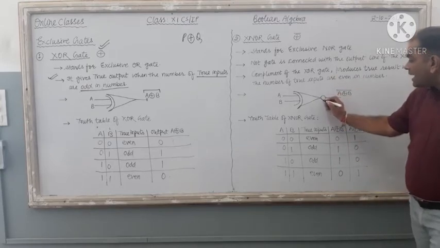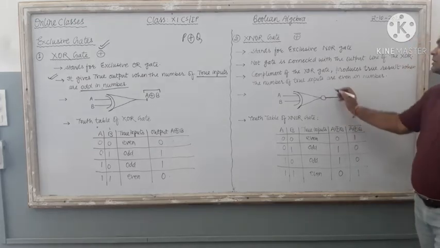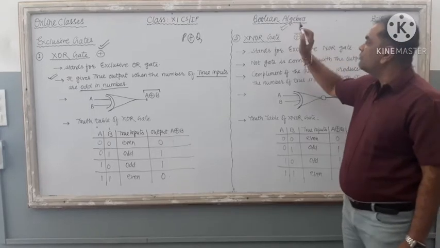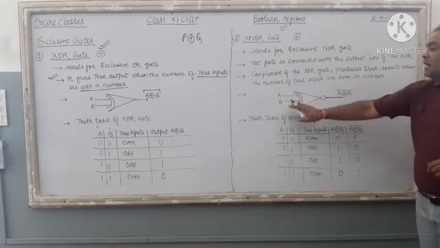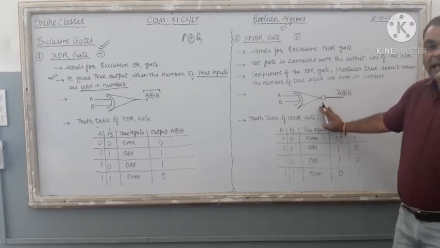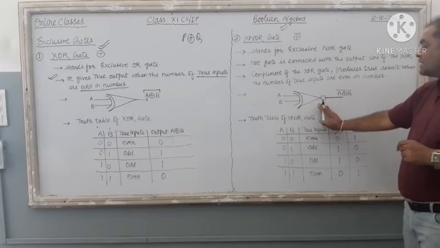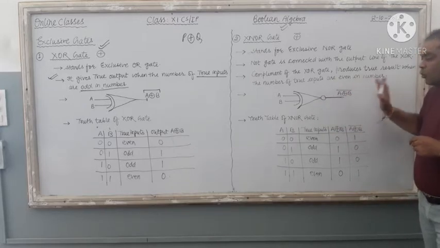So if I connect a NOT gate with the output line, it is under the category of XNOR gate. Right? So what is the output over here? A, B, according to the XOR gate, the output is A plus circle B. Now NOT is connected, so it is A plus circle B whole bar.